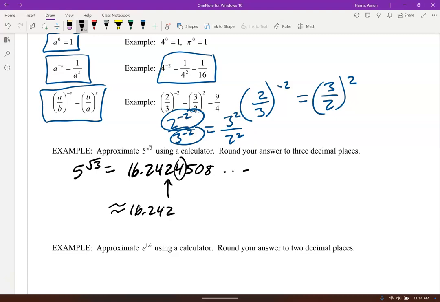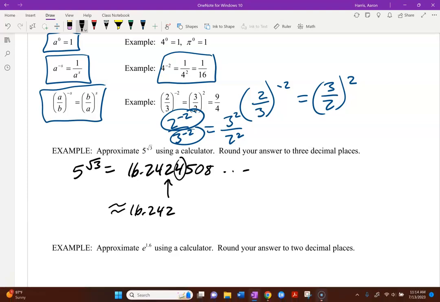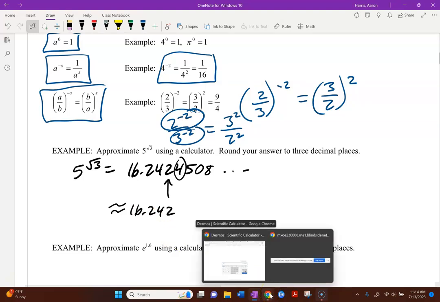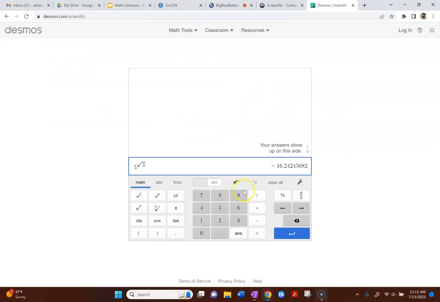And let's also go e to the 1.6. We're actually going to define e later in the course, but e is another very famous irrational number like pi. E is approximately 2.718. Again, we'll do that definition of it later, but let's just make sure right now we can use e.